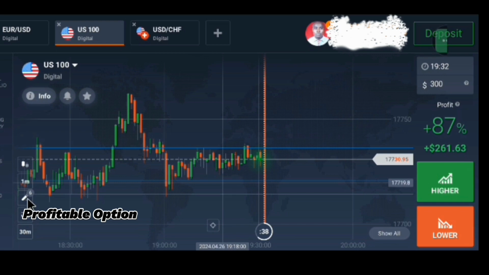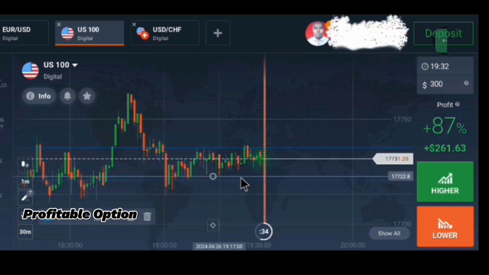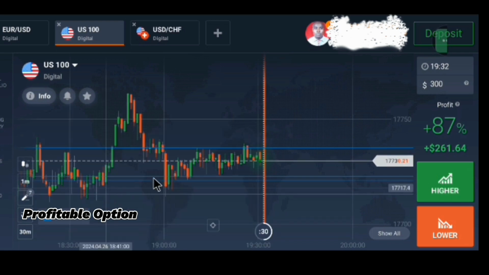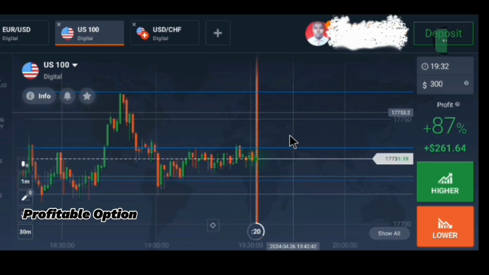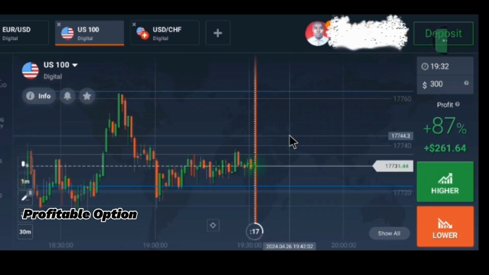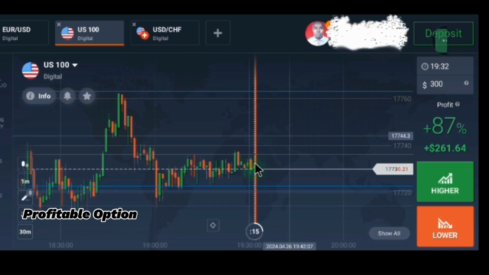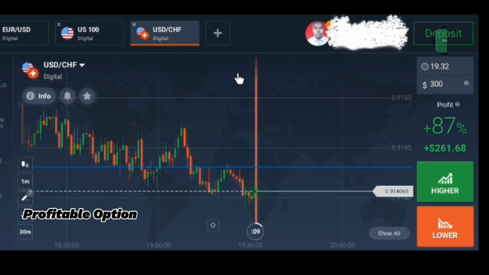Let me draw another support line, so you can see that it's been hovering around here. It's not actually going up or down, it's going sideways. If I am to trade this, I'll just be picking my trades here and here, support and resistance. But let me be patient and go to the next chart.